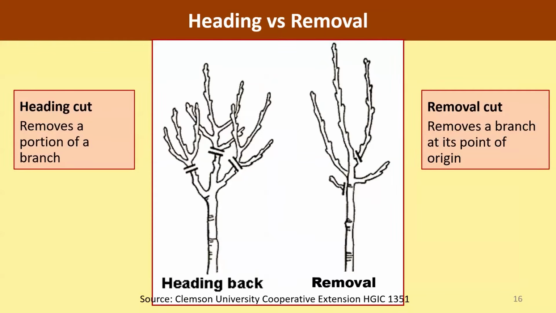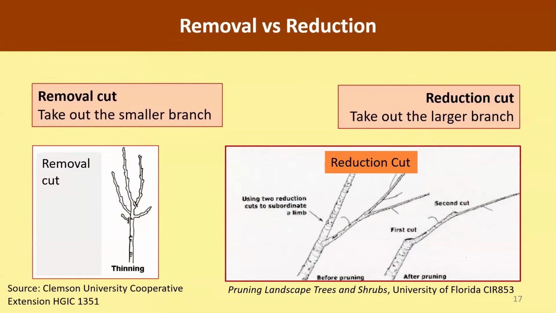Now, a heading cut takes off a portion of the branch. When the cut removes auxin, the buds down below the cut begin to develop and the plant becomes bushier. A removal cut takes off the branch at its point of origin, and we get a more open plant. And there's a third cut called a reduction cut, and that's used in structural pruning.